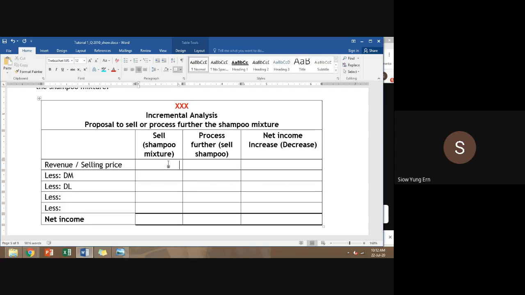Per gallon, give me per gallon. So if you sell shampoo mixture, what will be your selling price? How much can you sell per gallon? Per gallon of shampoo mixture, how much?